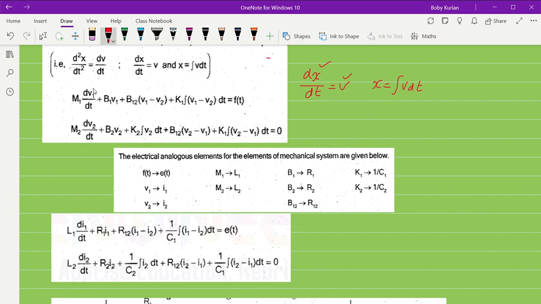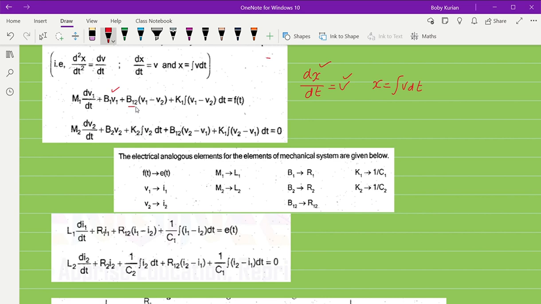In the first differential equation, m1 into d square x1 by dt square becomes m1 dv1 by dt. b1 into dx1 by dt becomes b1 into v1.